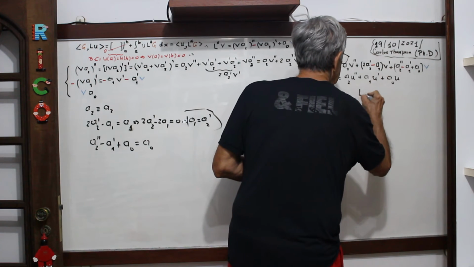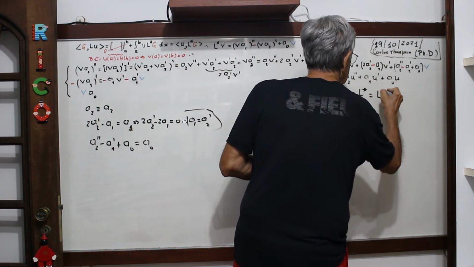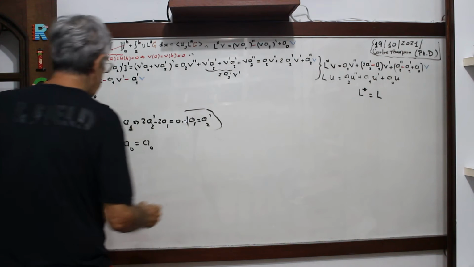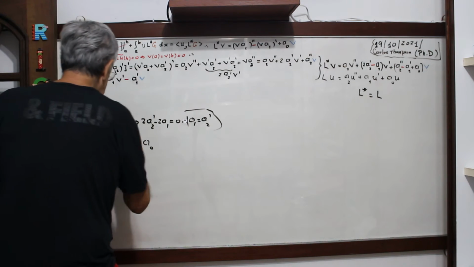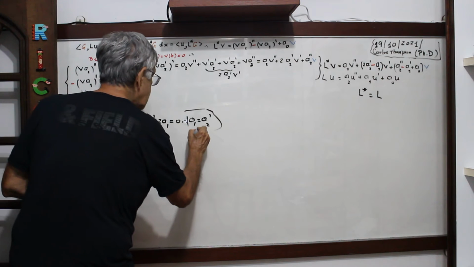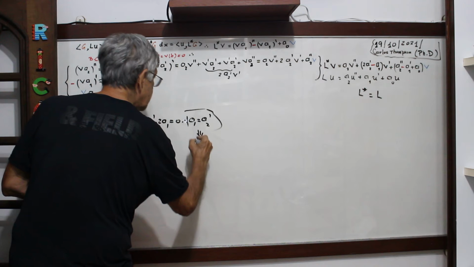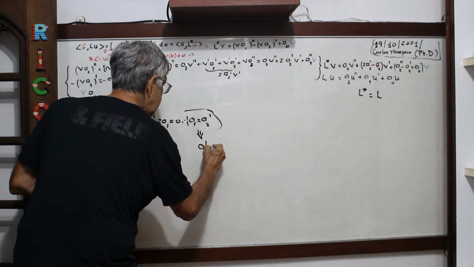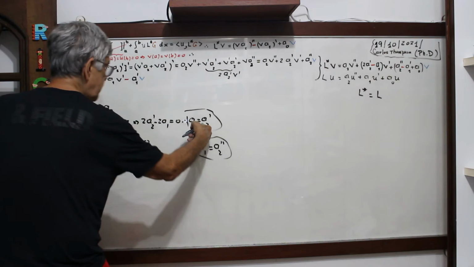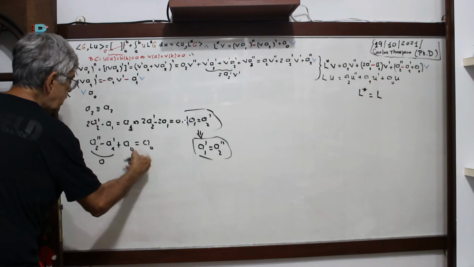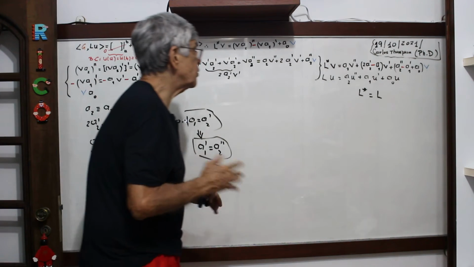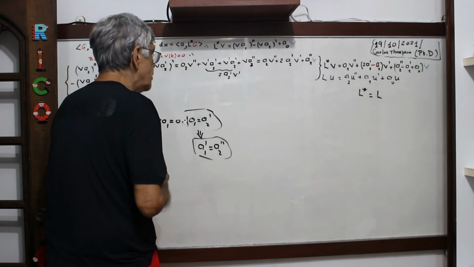Don't forget, L star is L. It is formally self-adjoint. Now see, this here will also be 0. Why? Because if I take the derivative of A1 prime, this is equal to A2 double prime. So this is a consequence of this. So this will be 0. So A1, A0 does not change A0, the same value.